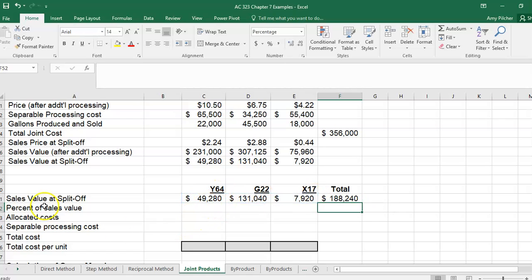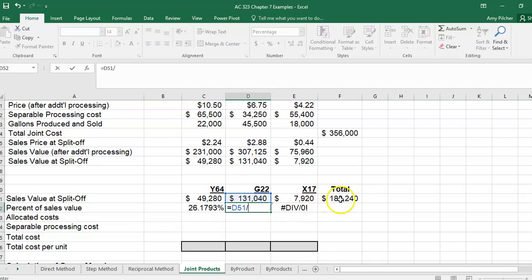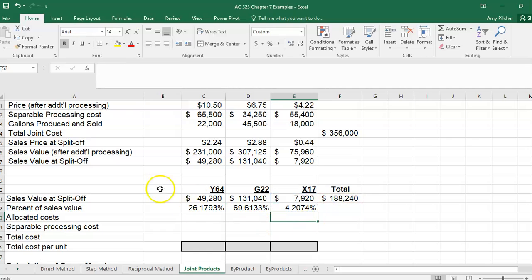Then we want our percent of sales value at split off. So we take our sales value at split off divided by our total sales at split off, and we get our percent of sales value. Now we allocate those $356,000 in costs.